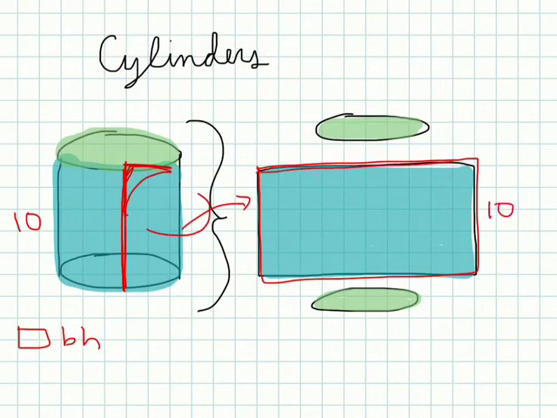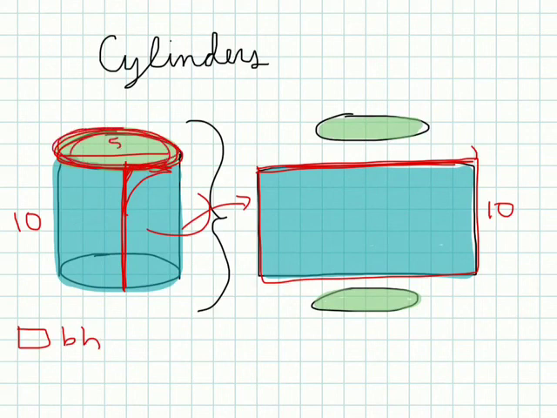But how do I find this? Well, just to show you visually, if I were to wrap this back around, it's going to be the circumference of the circle. So, depending on what it gives you, if it gives you either the diameter or the radius, the circumference of a circle is just the diameter times pi.